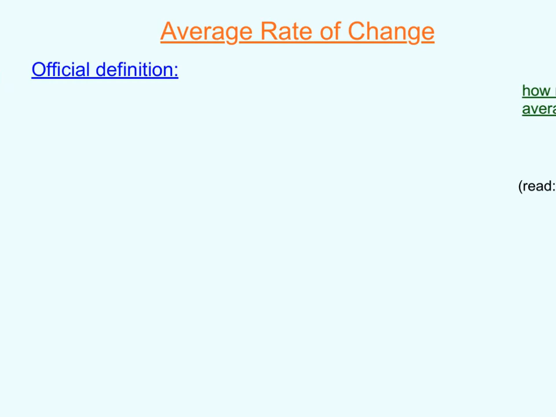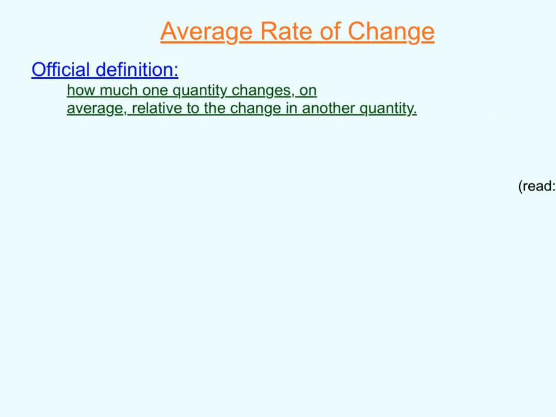Now we're going to get into what's called average rate of change. Like I said, we're going to do slope and rate of change. But remember what I said about rate of change and slope and how they're related. So here's the definition of rate of change: how much one quantity changes on average relative to the change of another quantity.